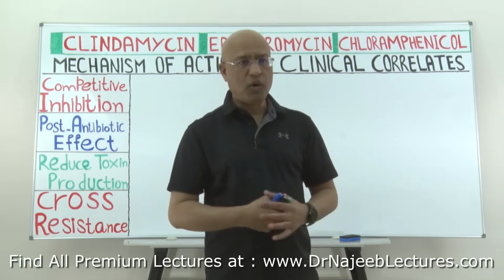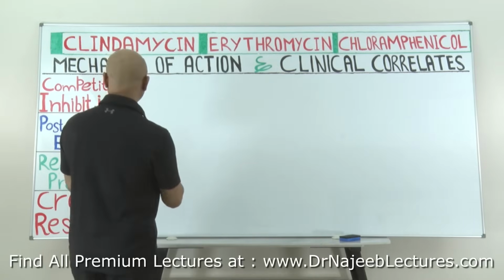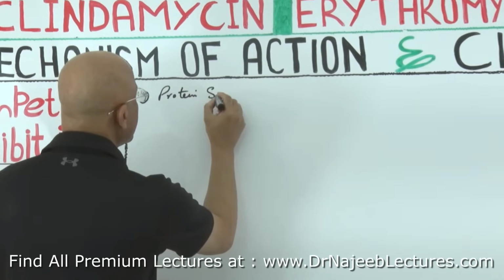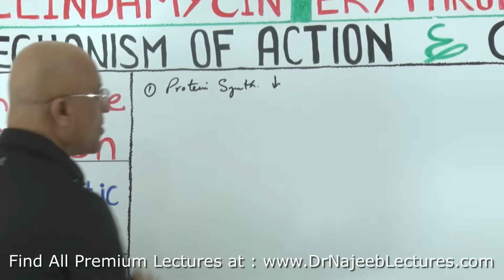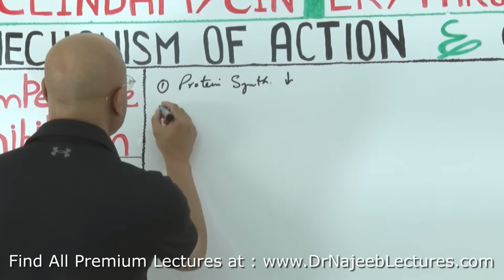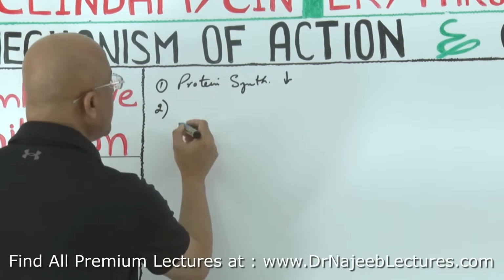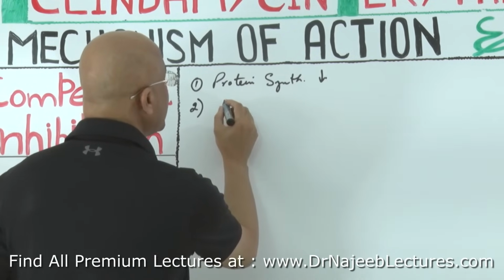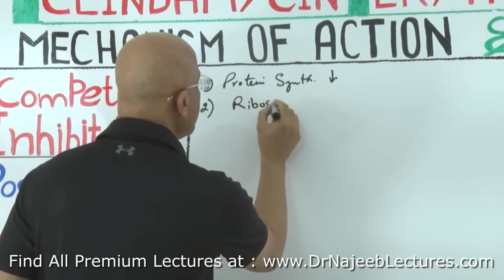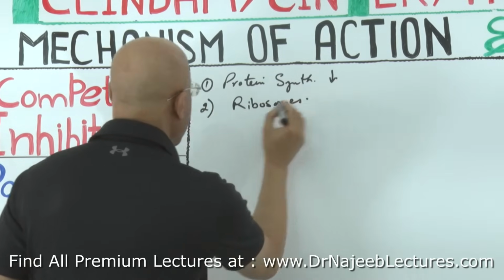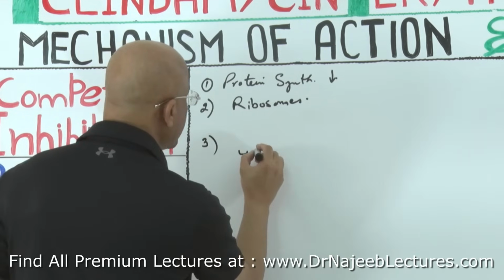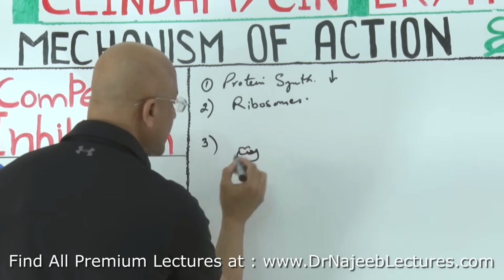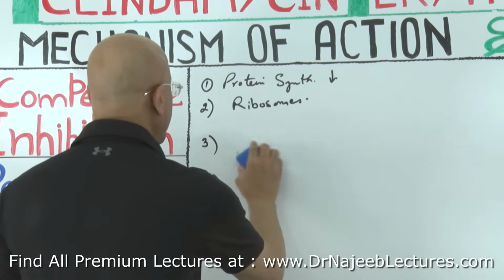Okay, I will write it down one by one. Number 1, all of them are protein synthesis inhibitors, right? If we go deeper, we know that all of them basically act on the ribosomes of susceptible bacteria. And as we have discussed in previous lectures, ribosomes have basically a smaller unit and a larger unit.